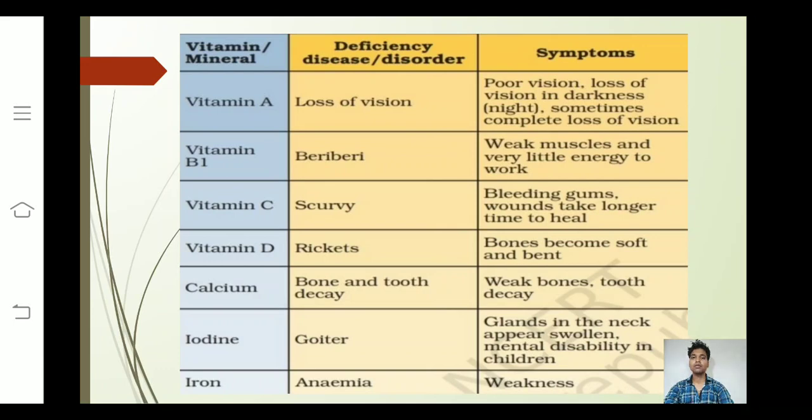Friends, it is a disease of the throat, and basically it is found in children and it makes them mentally disabled. The last one is iron. The deficiency disease is anemia, and the symptom is weakness in the body.